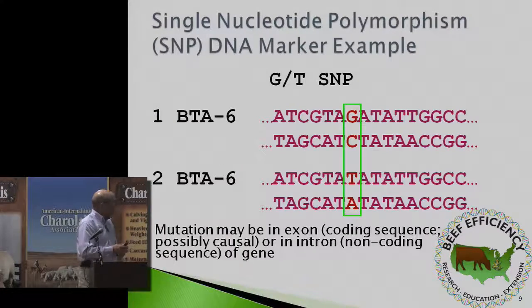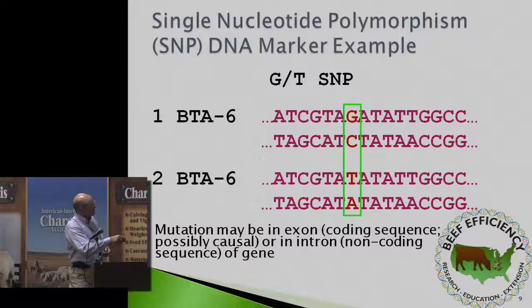Okay? The markers we use are called SNPs, and that's just a single nucleotide polymorphism. So this is two pieces of genomic sequence from chromosome 6 in cattle. Here's chromosome 1, there are two chains here, and then the second chromosome. And they're all the same except for this spot I've highlighted in the green box.